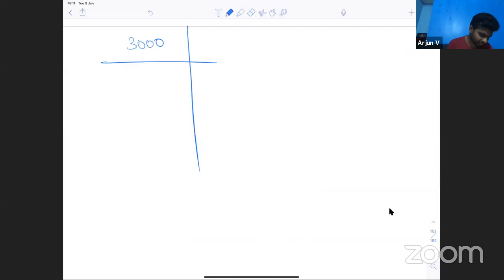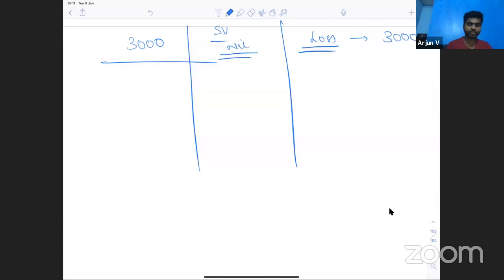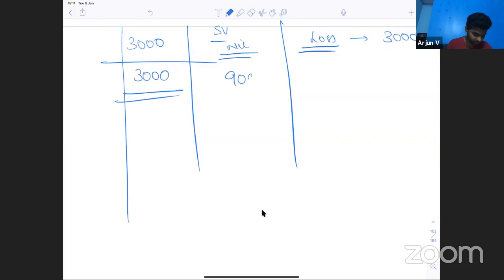My surrender value was nil. Therefore, I am suffering a loss of 3,000 rupees. Second year again I paid 3,000, but the surrender value was 900. Therefore, I suffered a loss of 2,100 rupees.